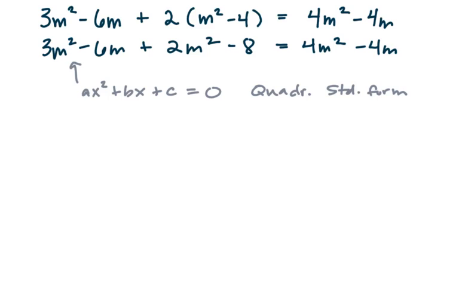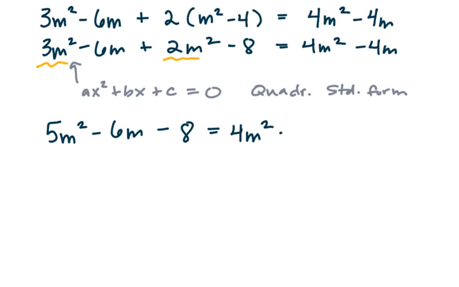So rearranging this, I've got some like terms on the left that I can combine. I've got 5m squared minus 6m minus 8 equals 4m squared minus 4m. I'm going to subtract 4m squared from both sides.